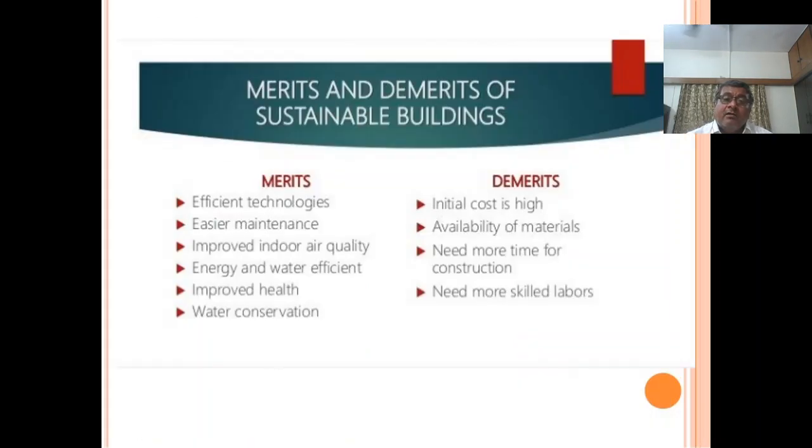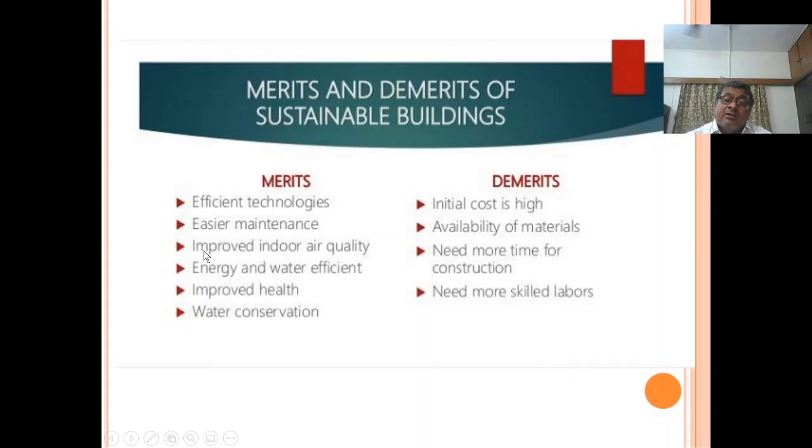Merits and demerits of sustainable buildings. Here you can see merits. Here there are demerits. First one, efficient technologies. First demerit is initial cost is high. Second merit, easier maintenance. Second demerit, availability of material. It depends upon availability of material.